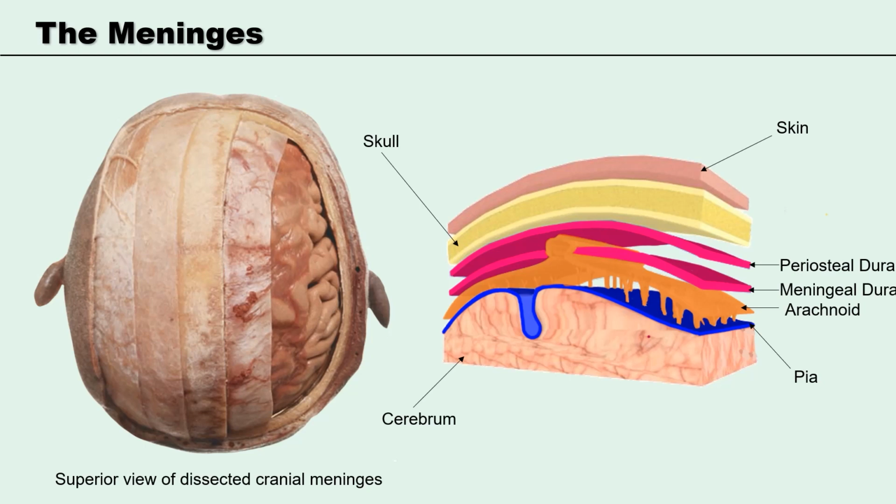The space between the arachnoid and the pia mater is the subarachnoid space, whilst the space between the arachnoid and the meningeal layer of the dura is called the subdural space, and the space between the periosteal dura and the skull is termed the epi or extradural space.